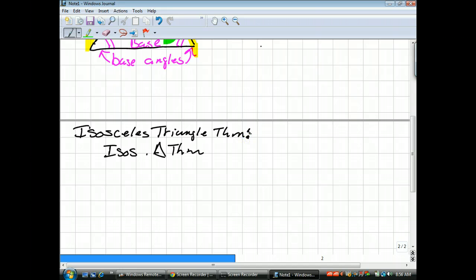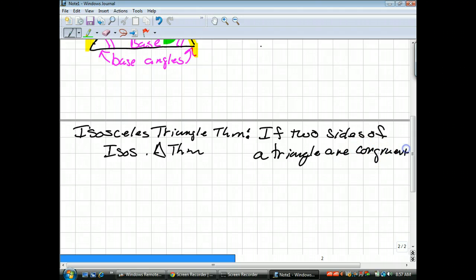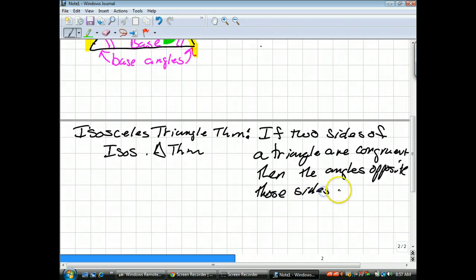But what the theorem says is: if two sides of a triangle are congruent, then the angles opposite those sides are congruent.